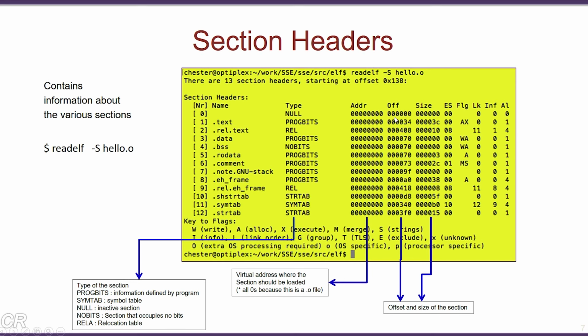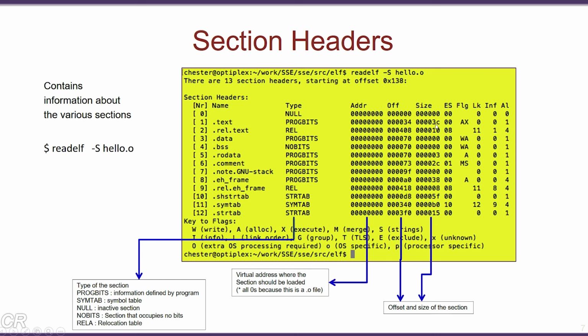The offset specifies the offset within that particular ELF object where you could find this specific section. These two columns specify the offset and the size for the various sections present in the object file. For example, the .text section is present at an offset of 34 and has a size of 3C. Here 3C is hexadecimal notation.